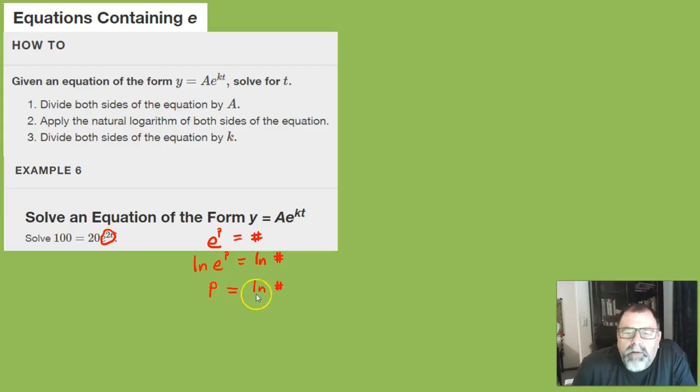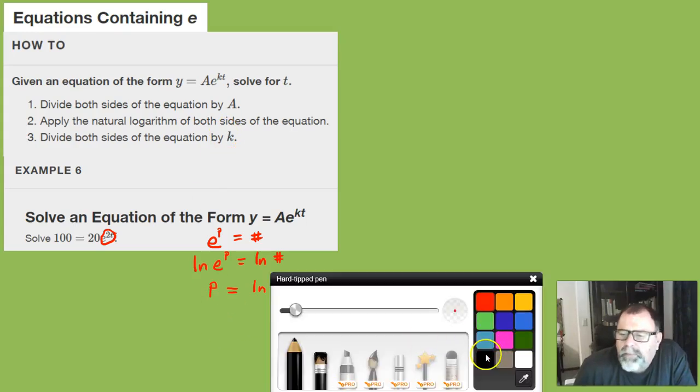So this power is going to be equal to that. If the power is k times t and you're solving for t, you just divide by k. So this is the idea of what is built into this technique up here.